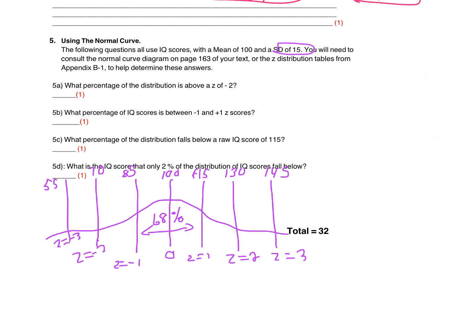If I go out to 2 standard deviations, either -2 or up to +2, then that percentage changes to 95%. So that just leaves 2.5% over here in what we call the right tail, and 2.5% in the left tail over here.